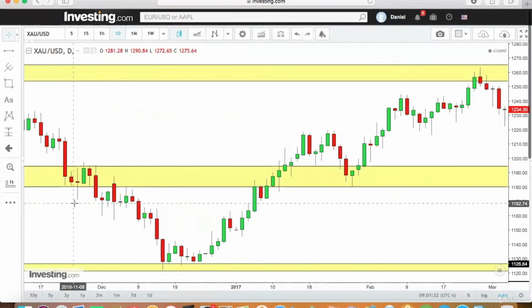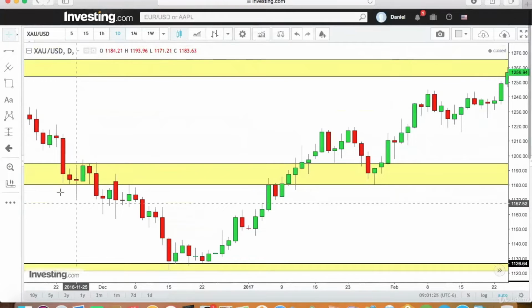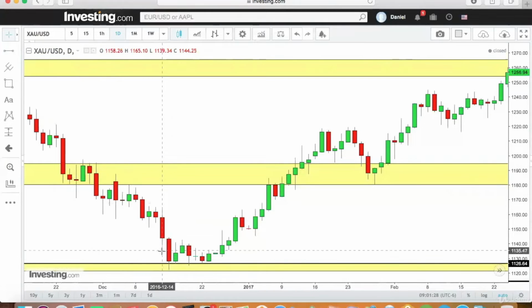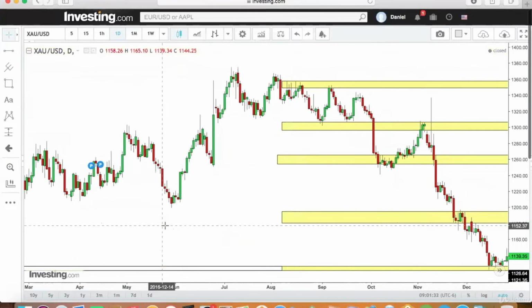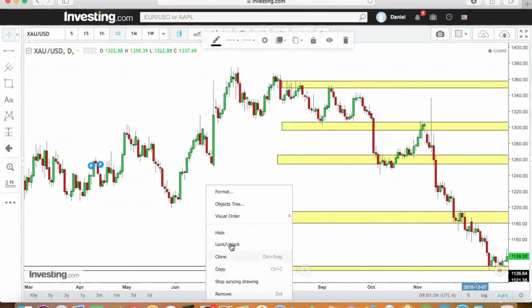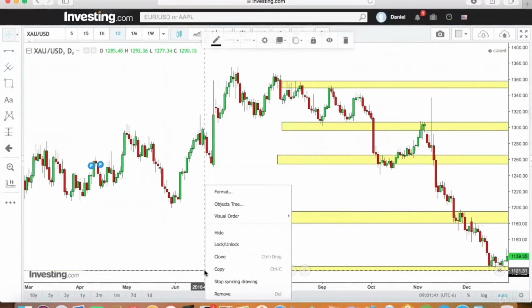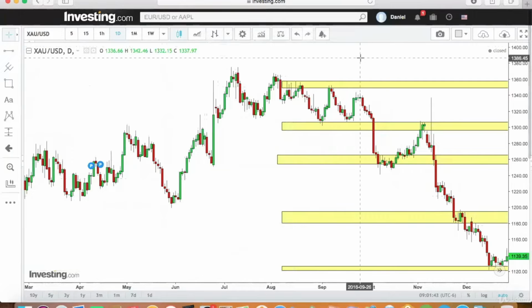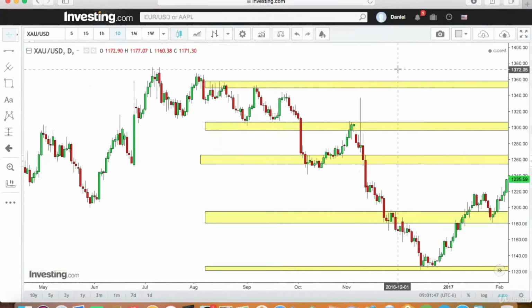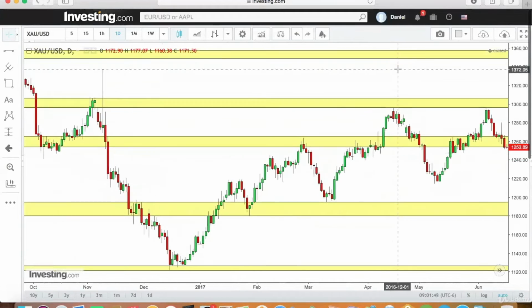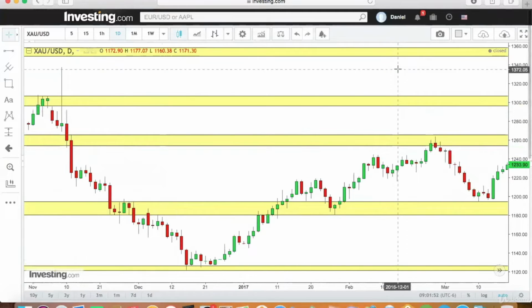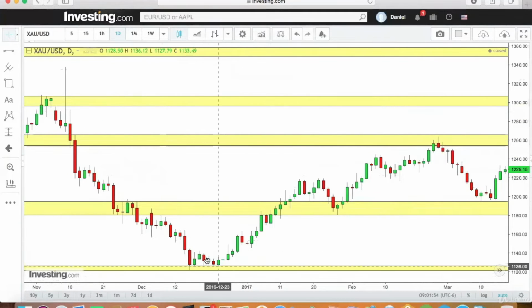So here we have this area here, and you see that prices come down to this area multiple times. Actually have one of the resistance lines I want to remove. Okay, you see prices came down to this area multiple times and price has failed to go lower here at this level.